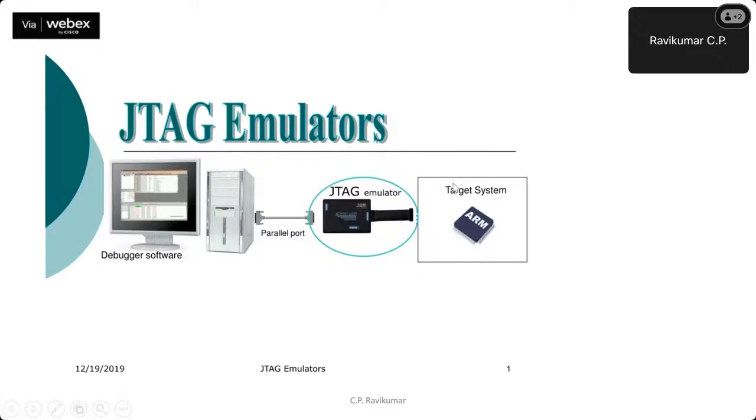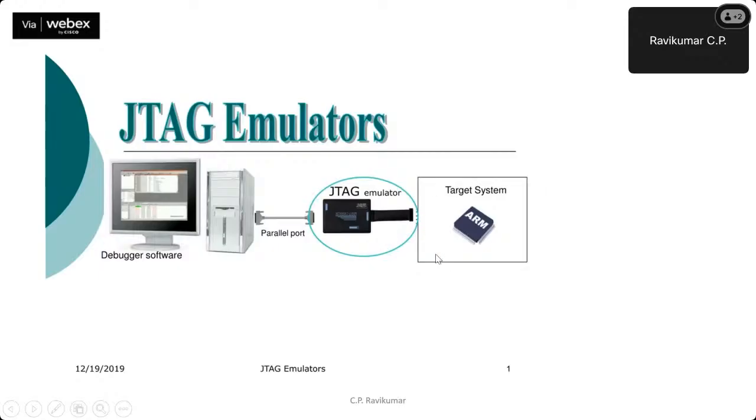It is common for these target boards like Raspberry Pi or your MSP 430 launchpad to have an onboard JTAG emulator. These are also available as standalone, but many low cost chips also integrate it.